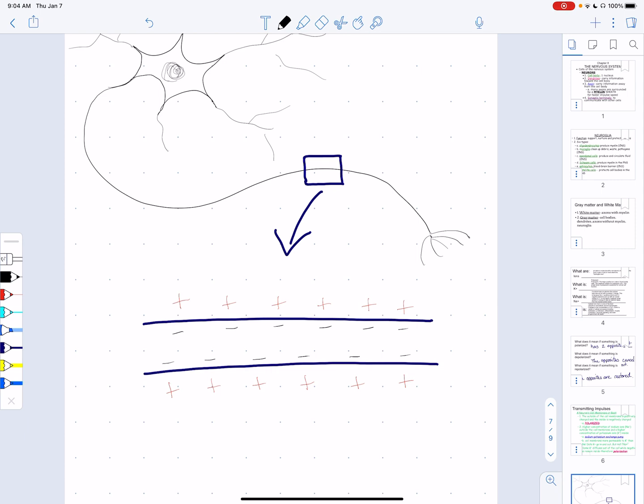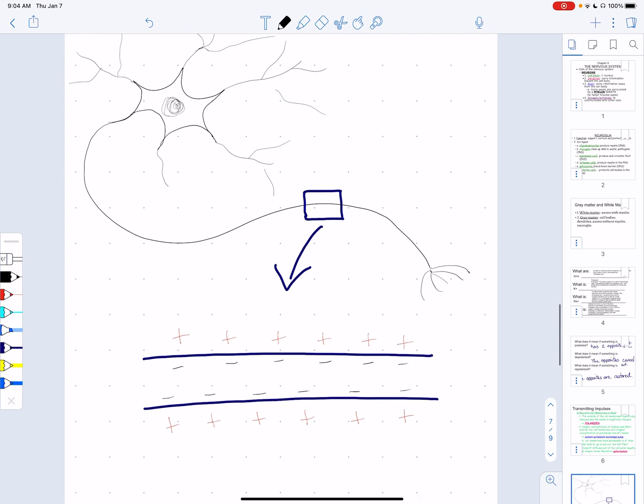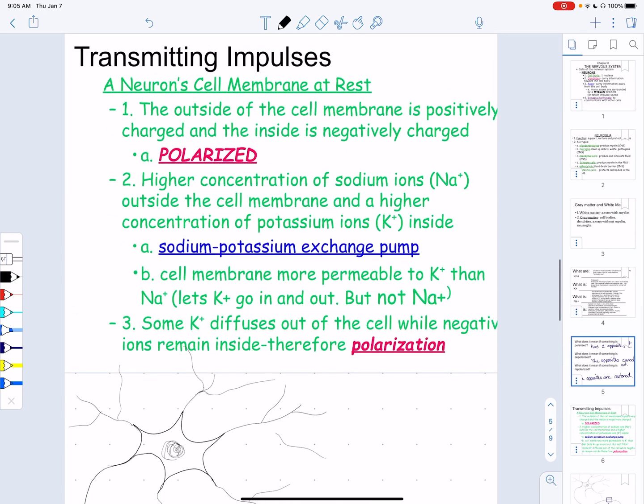Again, we have a neuron here. We're showing the axon of the neuron. I drew the dark, bold purple lines to represent the axon, and now I've put positive and negative marks to represent where the positive and negative is in the resting neuron. It's positive outside and negative inside.